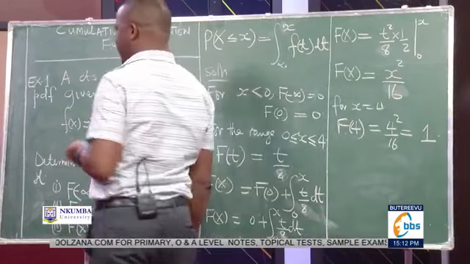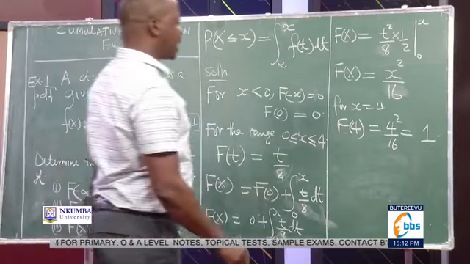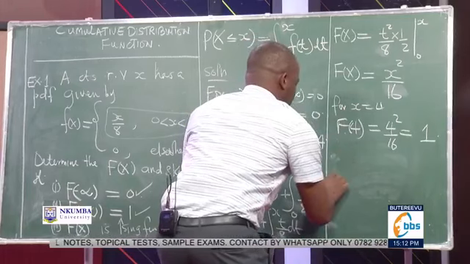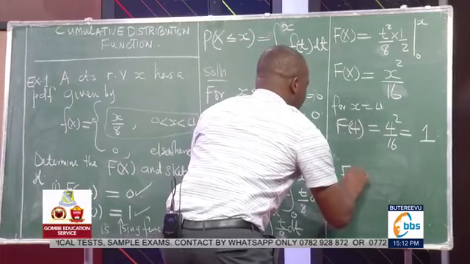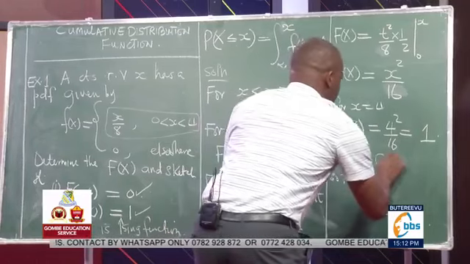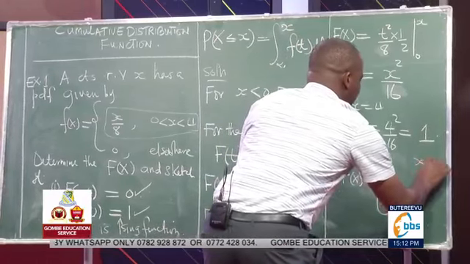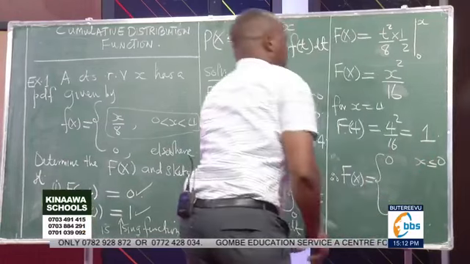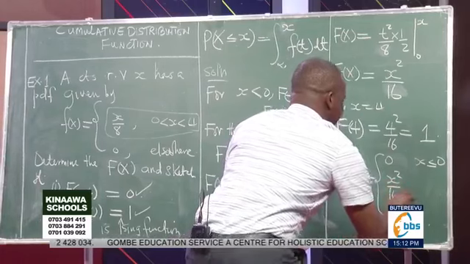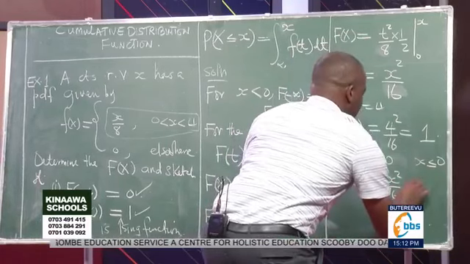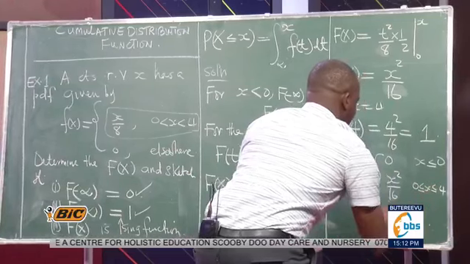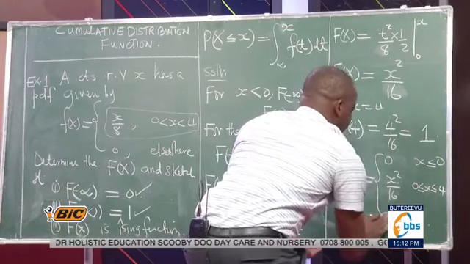Once we satisfy that, then we can say that the cumulative function that we are looking for, f of x, is going to be equal to 0 for x less or equal to 0. It is going to be equal to x squared out of 16 for the range 0 less or equal to x less or equal to 4, and equal to 1 for x greater or equal to 4.